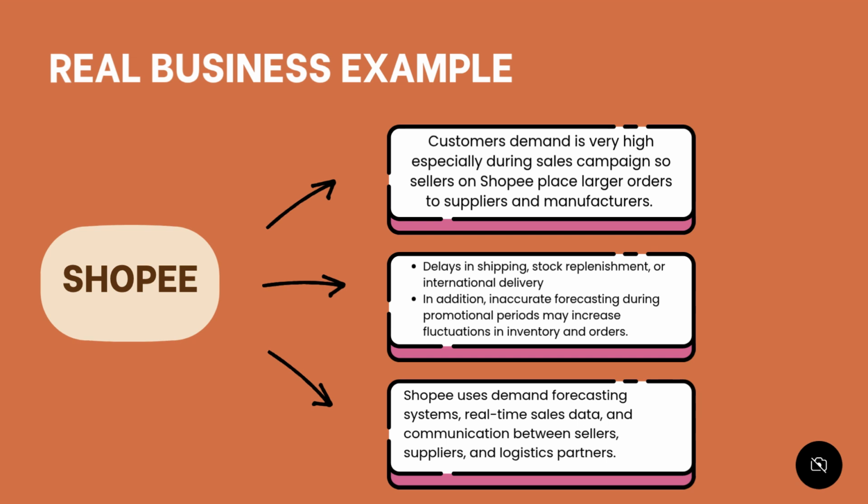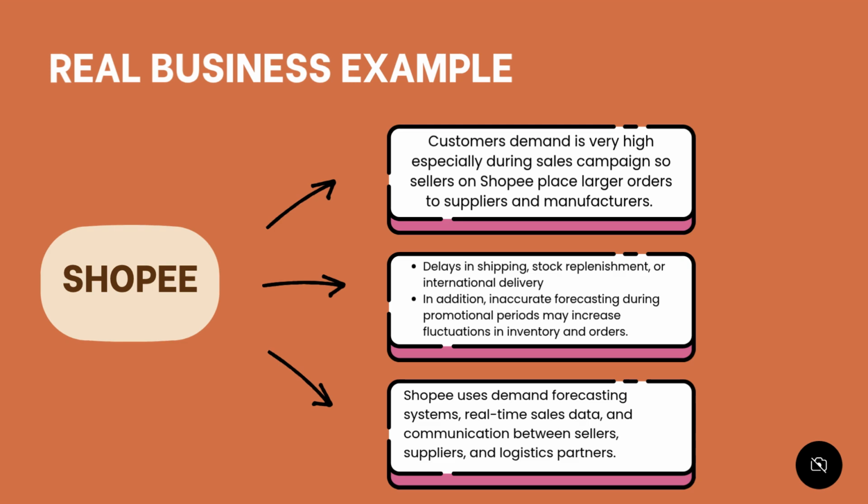Delays in shipping, stock replenishment, or international delivery can cause sellers to order more products than necessary as a safety measure. In addition, inaccurate forecasting during promotional periods may increase fluctuations in inventory and orders.